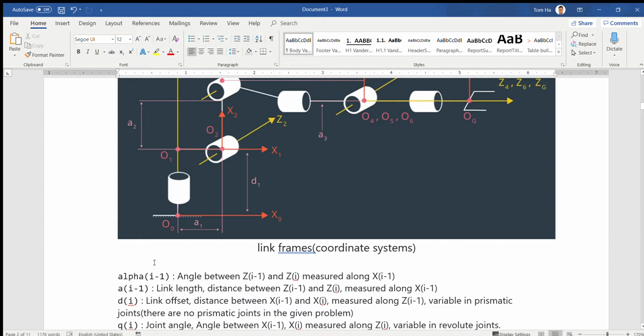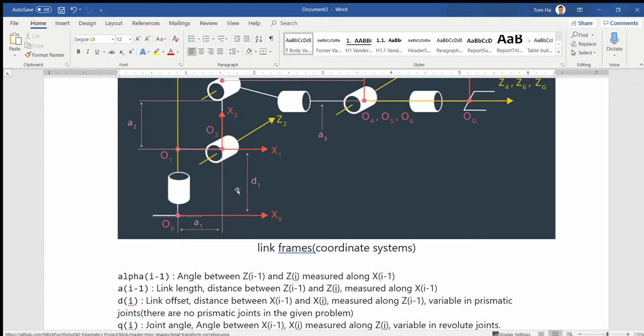How about the D? D is the link offset distance between the i minus 1 and its i. For example, for the link 1, right here, we have the distance from h0 to h1 is d1.